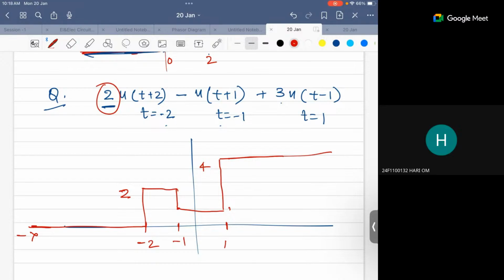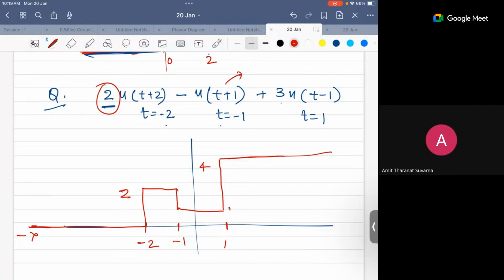Any doubt here as of now? Anyone? No, sir. Sir, suppose here it is t equal to plus 1, then it will go left side over. This middle one, t is equal to minus 1, right?